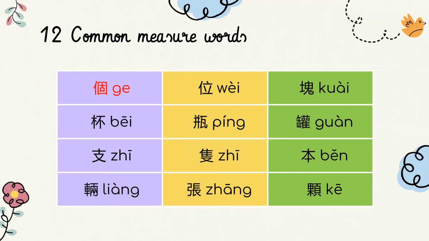And 块 can be used for money and cake, like a piece of something. And 罐 is can, one can of cola, one can of beer. 本 is for any kind of book. 颗 is for anything that looks like a bowl, right?